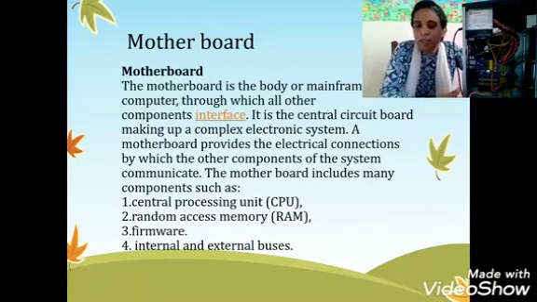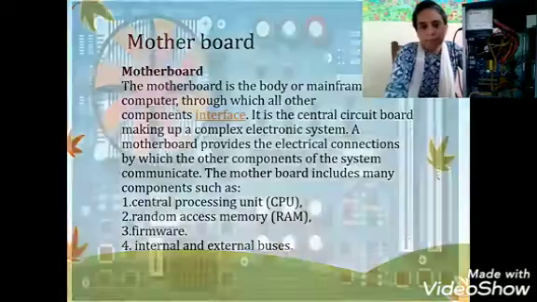It is the central circuit board making up the complex electronic system. A motherboard provides the electrical connections by which the other components of the system can communicate. The motherboard includes many other components: central processing unit, random access memory, firmware, and internal and external buses.